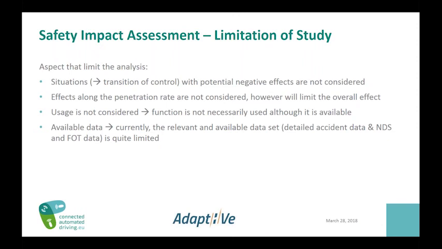Since today, you might know, many of the drivers out there are not really driving according to the traffic rules, especially in traffic jam situations. The distances are much shorter. This allows us today to have some traffic flow, which is still manageable. If all the drivers would really drive according to the driving laws which we have, then many more traffic jams would occur and the traffic flow would be impacted quite negatively. So we didn't really consider these effects in our study.